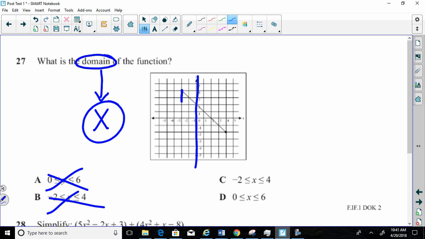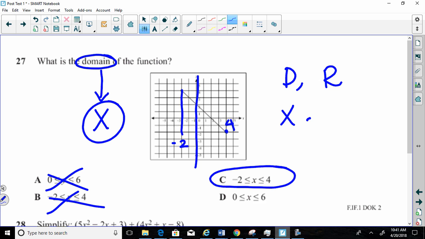So what's the smallest X there is? This one's actually -2. And what's this one? 4. So what's your answer? And so remember, domain is side to side, range is up and down. And I remember D comes first in the alphabet before R, and X comes before Y, so my domain is my X.